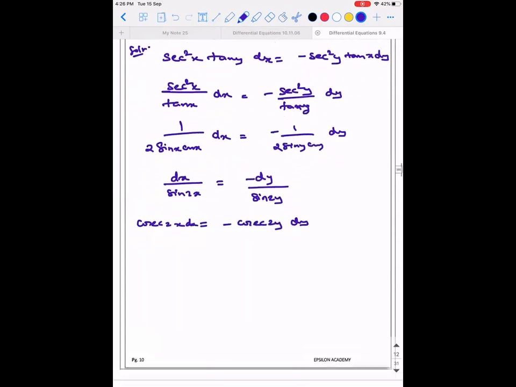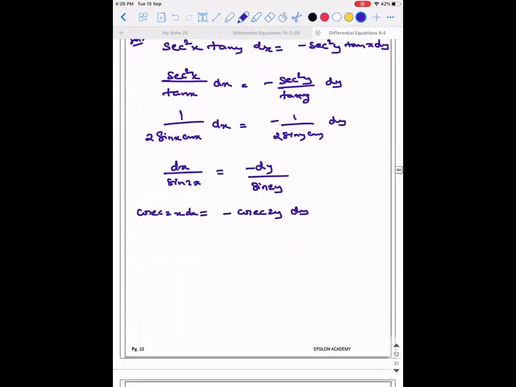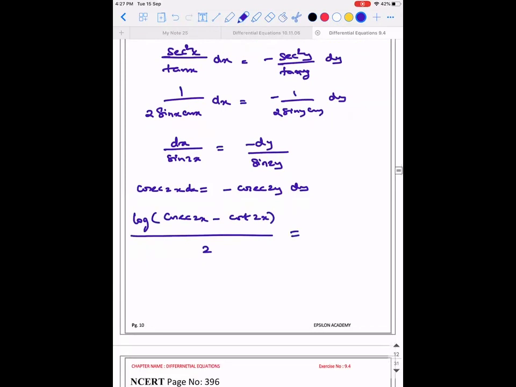So what is the integral of cosecant? Log of cosecant x minus cot x. So log of cosecant 2x minus cot 2x, in this case you will have by 2, is equal to, what are you going to get?